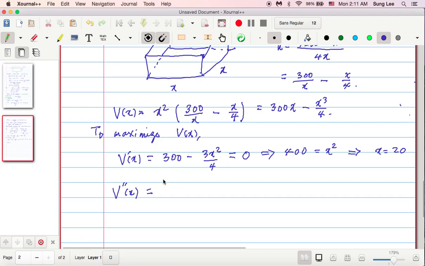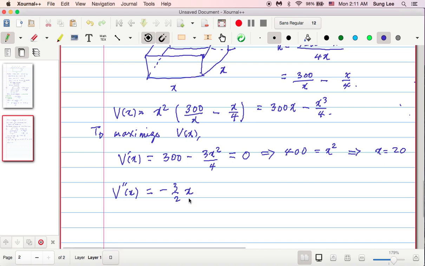This is constant, and that's going to be negative, the 3 times, no, actually 6 over 4, which is actually 3 over 2, so 3 over 2 x, right?